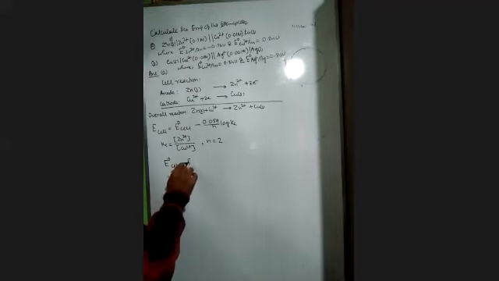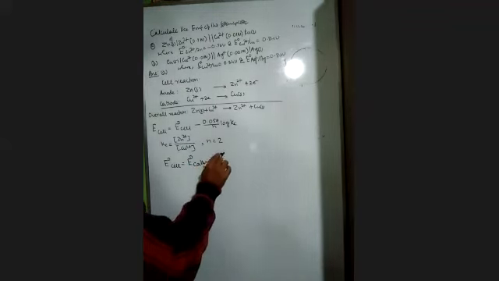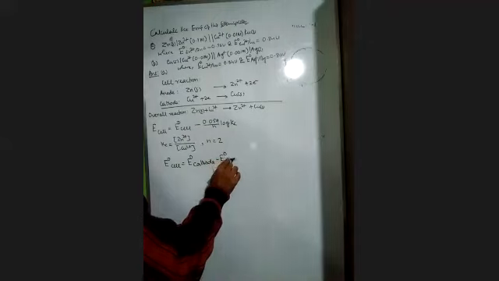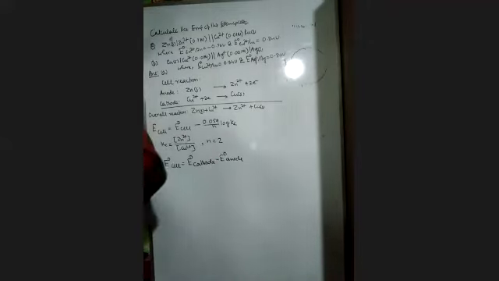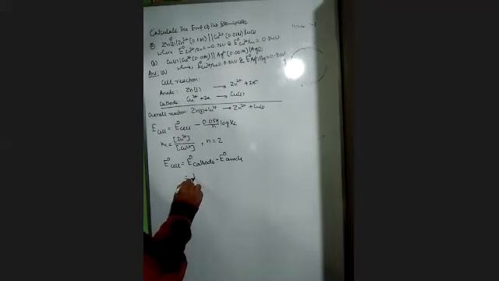E0 cell is equal to E0 cathode minus E0 anode. Now, how will you know which is cathode and anode? Very easy. Left hand side is anode, and right hand side is cathode. Initially I will not go in a hurry.